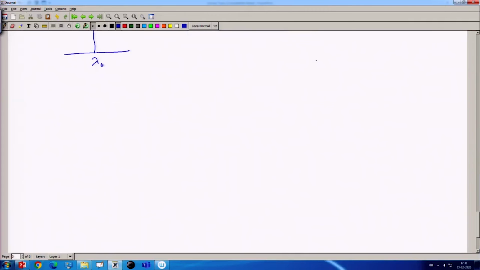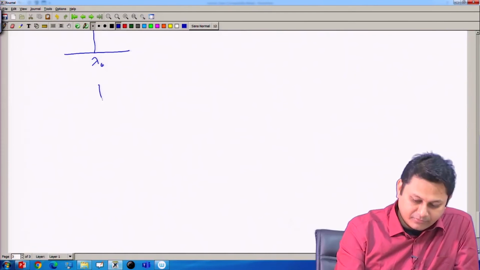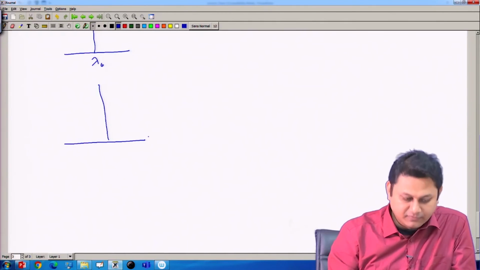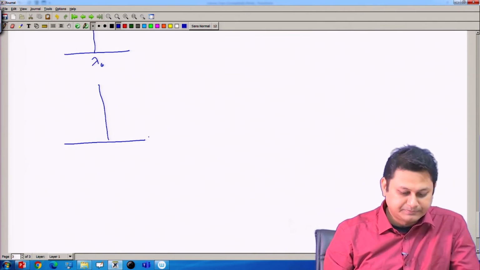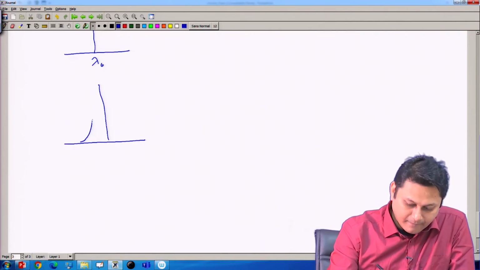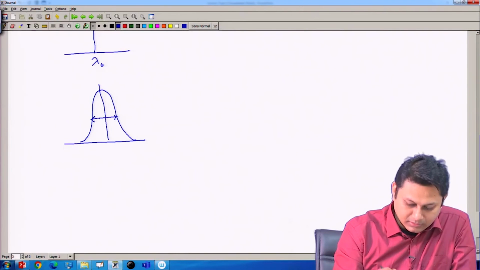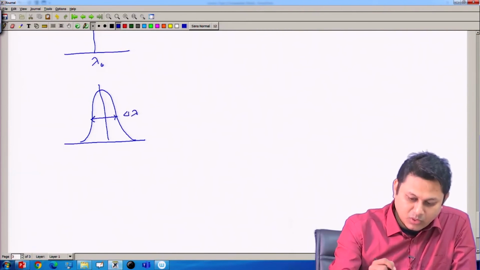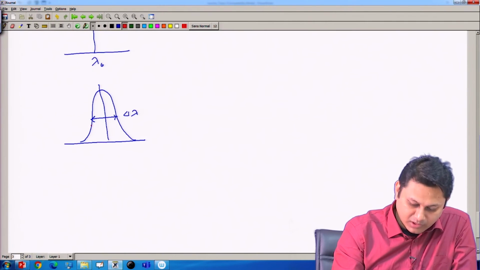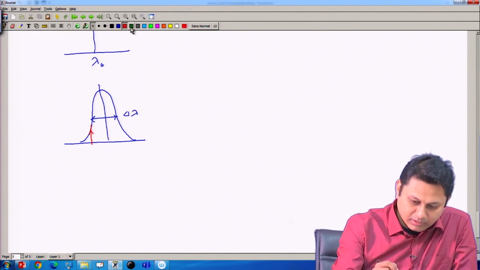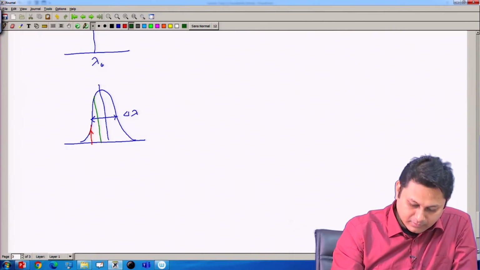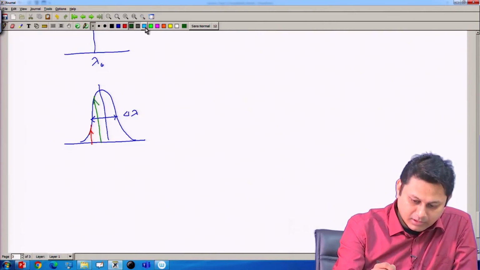Now, instead of having one lambda, if I have a range of lambdas, a width or bandwidth, say delta lambda 0, that means different lambdas are present here, say one lambda is here, another lambda is here, another lambda is here. So there is a spectrum with different colors.